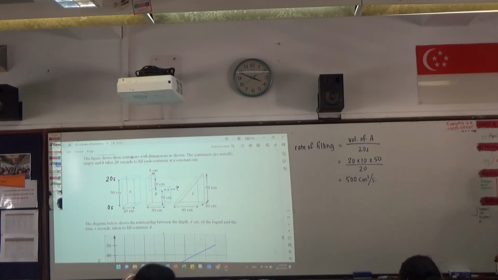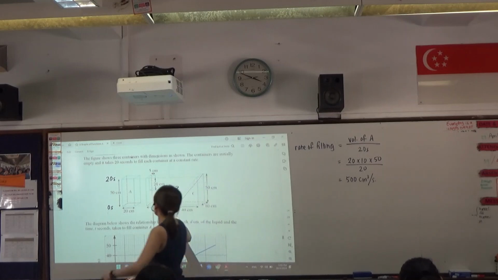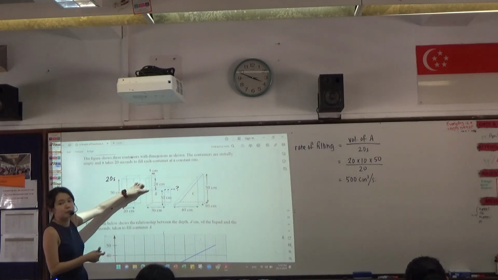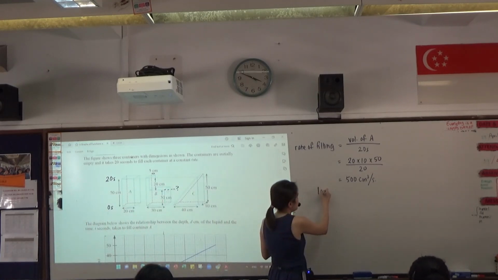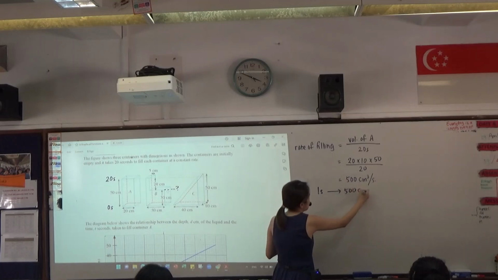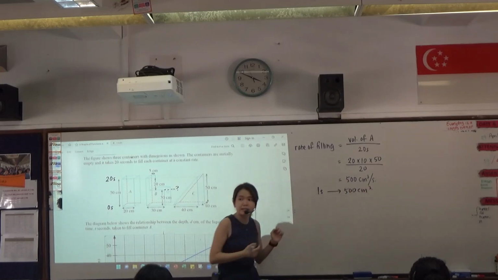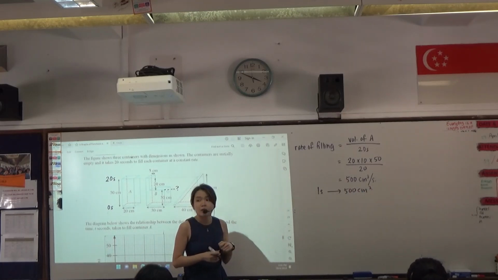Okay. Then we need to determine how long does it take to fill up container B up to the first 30 cm height. Right? So this actually tells us that in 1 second it can fill up 500 cm3. This is what the rate is telling us. Okay?